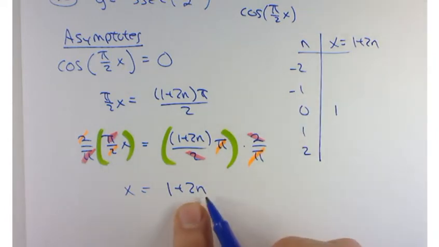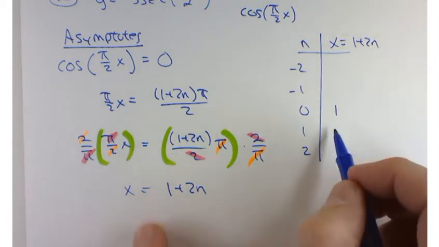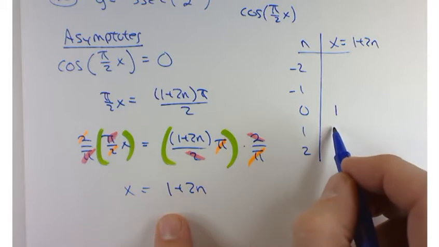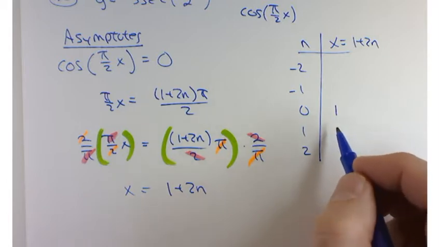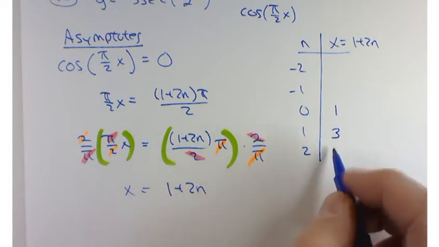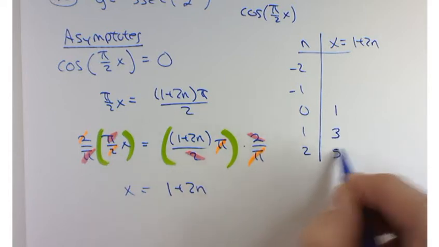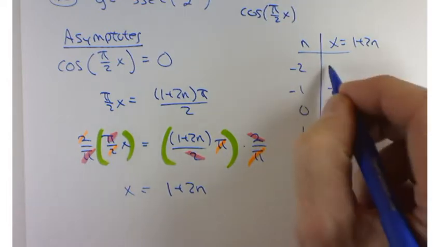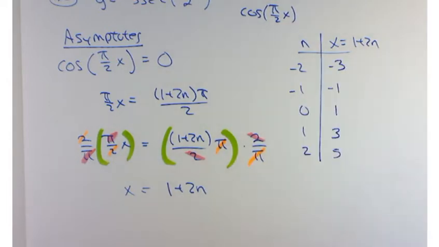When n is 0, I get 1. What about when n is 1? 3. N is 2. 5. -1. -3. Basically just odd numbers, right? Okay. Just odd numbers. That works out pretty nice.